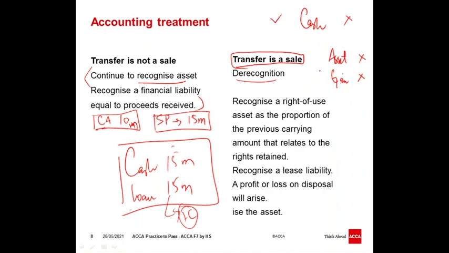But at the same time, we have leased it back for some time period. Apparently, we have sold the asset, but we have leased it back for some time period. So in that case, your accounting entry will be right-of-use asset debit and lease obligation credit.